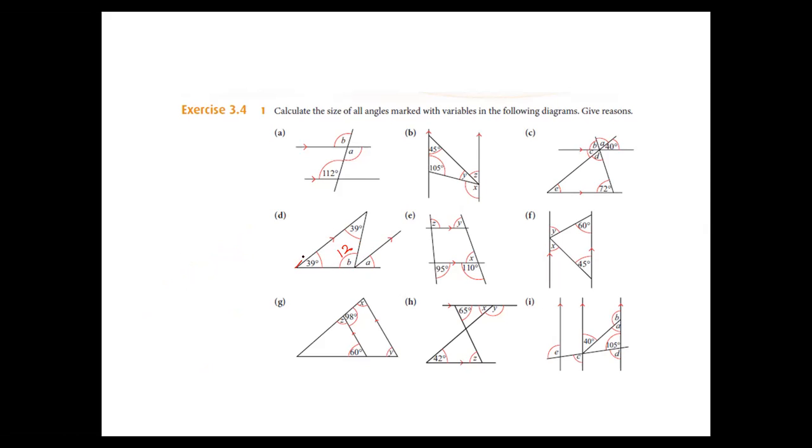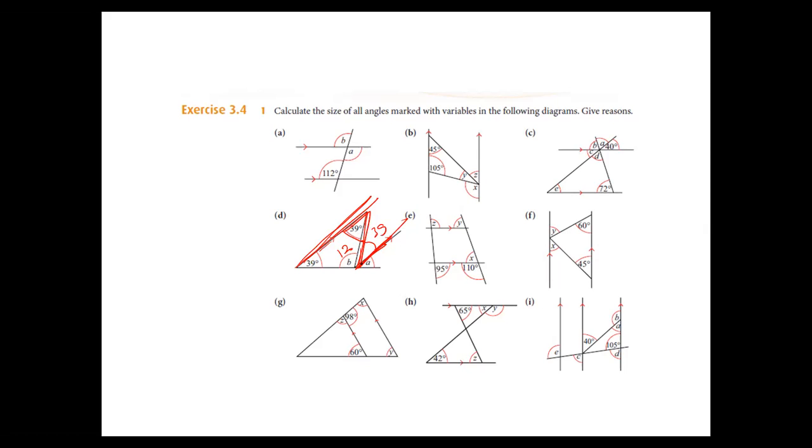If these two straight lines are parallel, can I use the ladder of Z? Yes, as we have Z, and this angle is equal, 39.